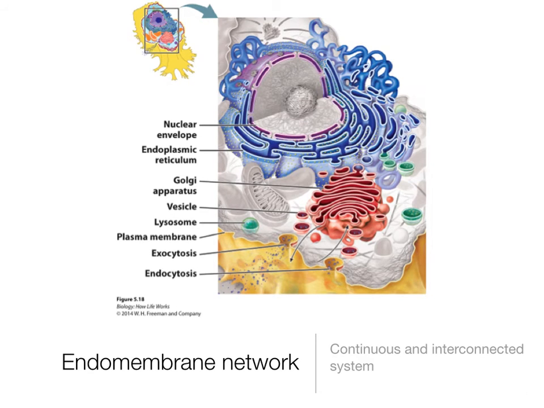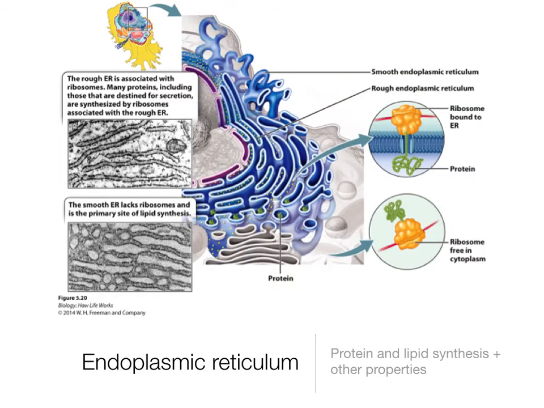And if you look closer, you see that it has 2 different types. One type is called the rough endoplasmic reticulum. It has ribosomes attached to it. If you look on the right, the little yellow structure is a ribosome.